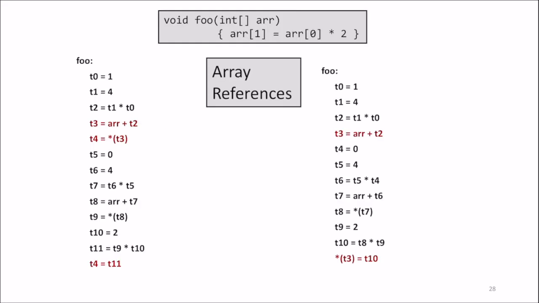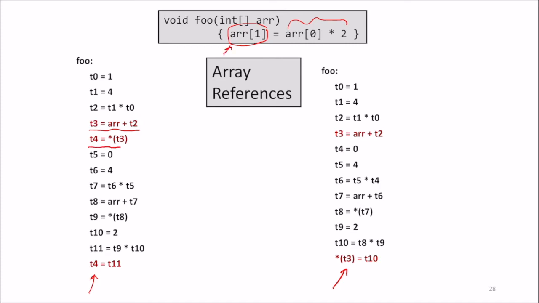When you're dealing with array references, there are a few things to be careful about. In this example, we're taking some right-hand side, looking at array location 0, multiplying by 2, and inserting it into array location 1. If you look at the left-hand side versus this right-hand side intermediate code representation, the first thing we're doing is looking up, so T3 would be the pointer that we compute for array of 1.